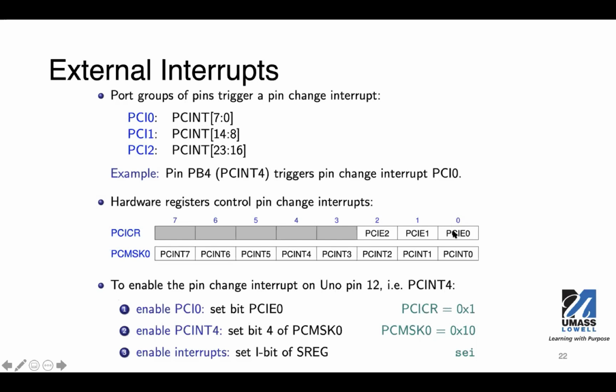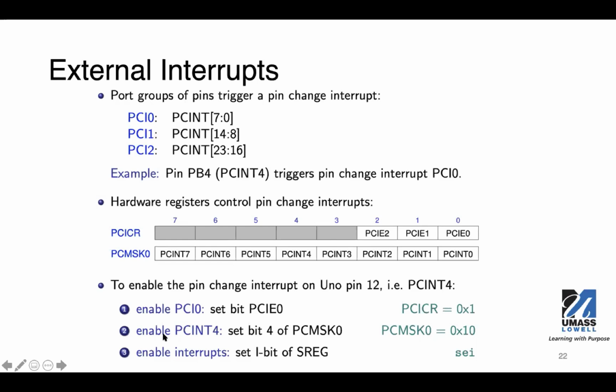So we'll have to do something to enable this first group. What we have to do is assign 1 to this register. So that's what we do in the first step, assign 1 to this register. As a result, this bit will be a 1. That will enable the first group of pin change interrupts.